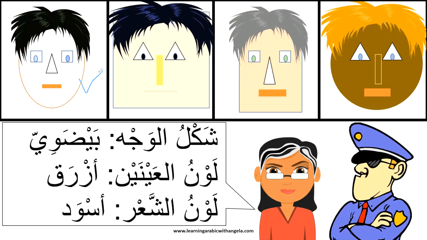Yes. The shape that we're looking for. هذا مربع وهذا مستطيل وهذا دائري. That's wrong. Okay. لون العينين أزرق. هل هو أزرق؟ نعم. لون الشعر أسود. هل هو أسود؟ نعم. لون شعره أسود. So that's the one we're looking for. هذا هو المجرم.